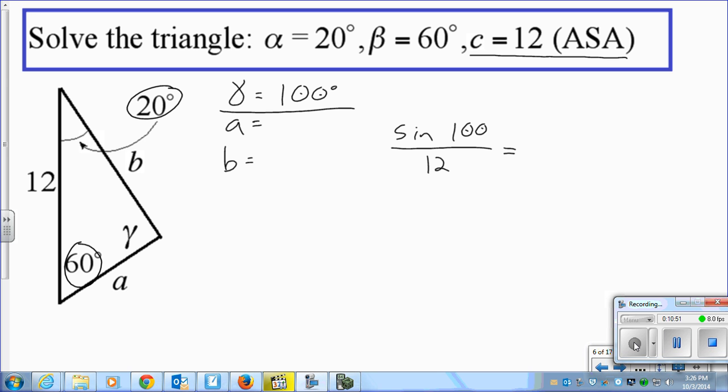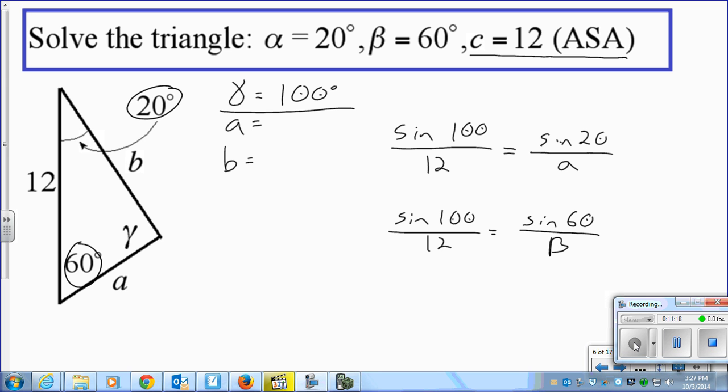So we can find A first and do sine of alpha over A. And then, I'm going to use this key here now that I have one of them established to find my B. So B, my beta, is sine of 60 over B.